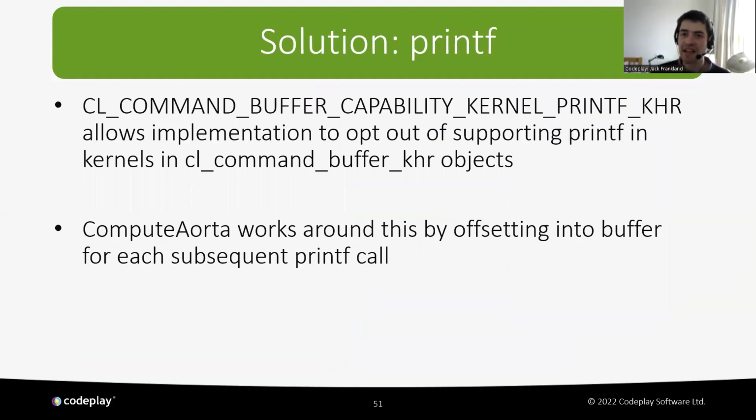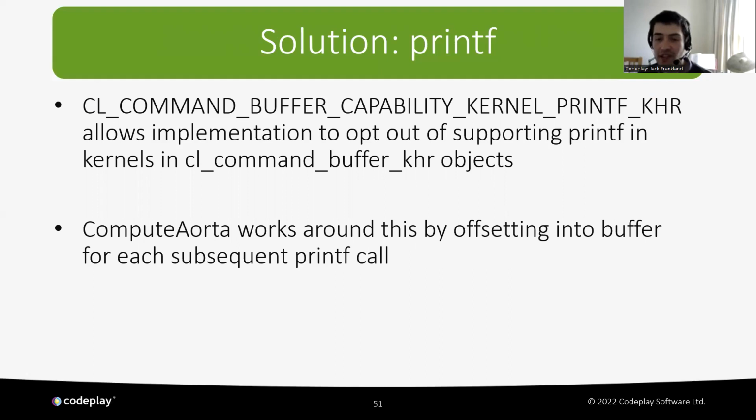So the solution to this again is twofold. The first thing we did was make printf optional inside kernels and command buffers. Similarly to how we did it for simultaneous use, a vendor doesn't actually have to support printf in kernels in command buffers.